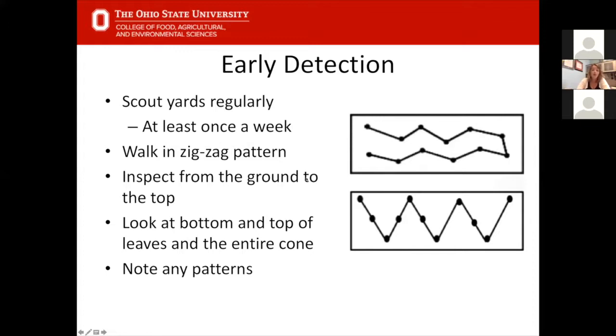One of the problems with hops is that eventually they do get to 18 to 20 feet, so inspecting the top can be difficult. However, it's really important that you inspect the entire plant. And again, those symptoms are very distinctive.